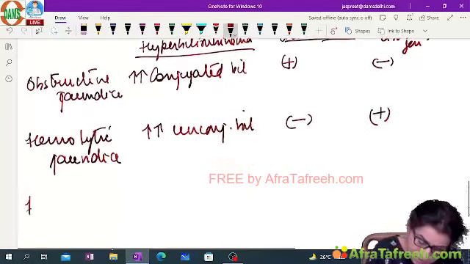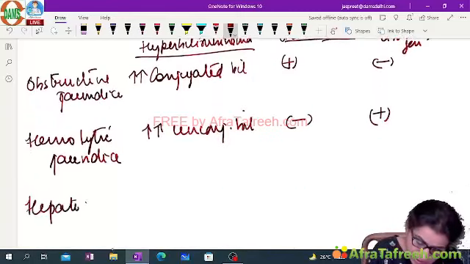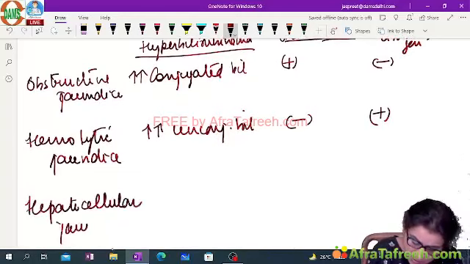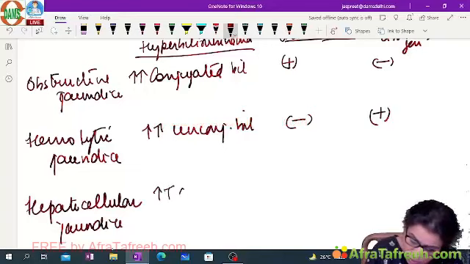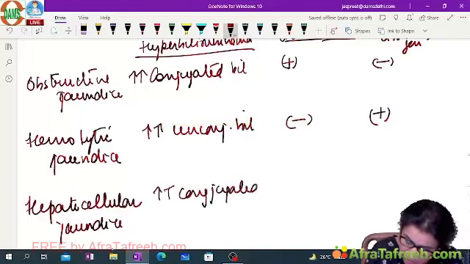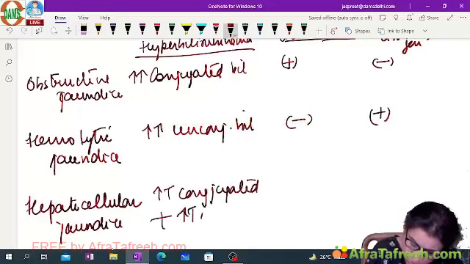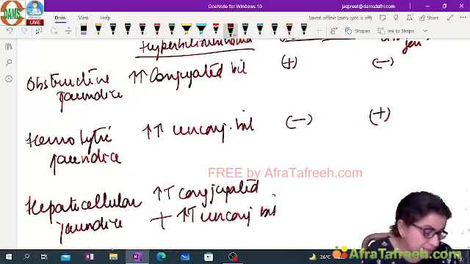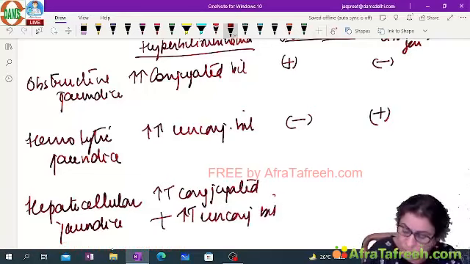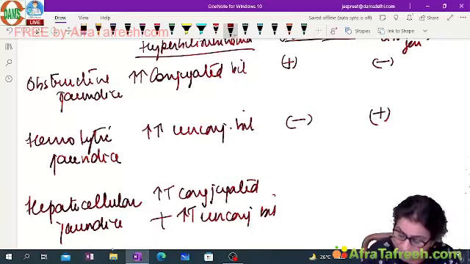And last is hepatocellular jaundice, where you have mixed picture. Here you have increased conjugated plus increased unconjugated bilirubin. Both are increased. So conjugated bilirubin, when it increases, it will pass in the urine.